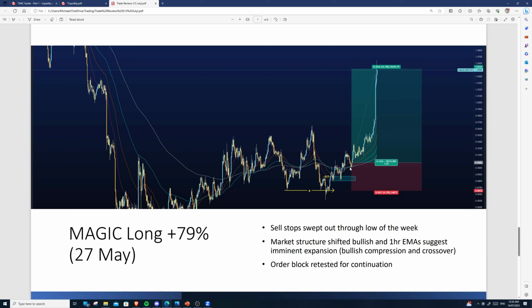And from a smart money concept perspective, we had a sweep of the range low or swing low here, break of structure, and order block retested. So with that, we can see that the price quickly expanded towards the upside and reached the target based on a fair value gap and order block level.